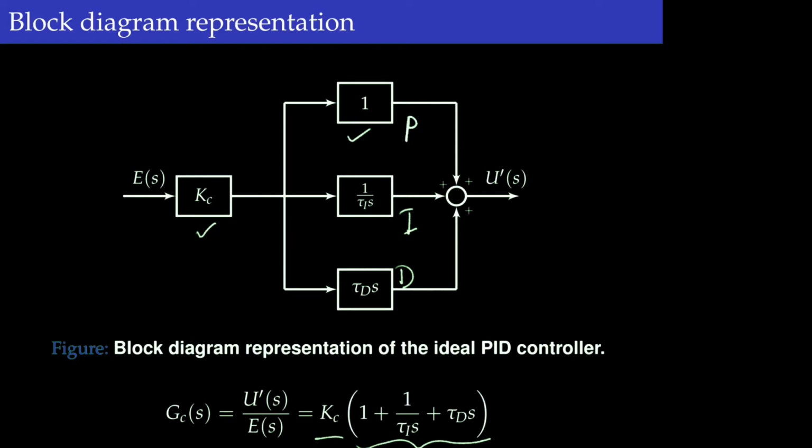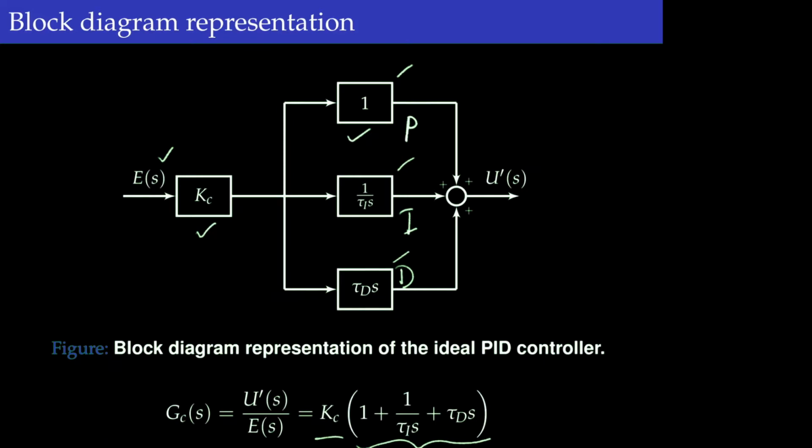This is also known as the parallel form of the PID controller, simply because the error signal goes through three parallel elements and then they are summed together.